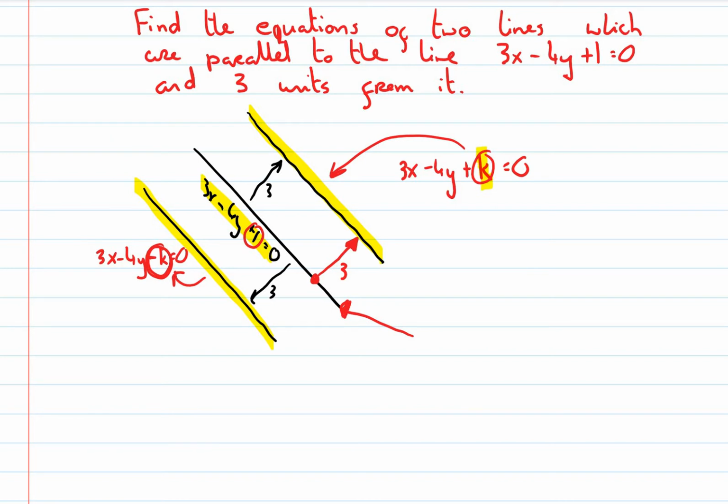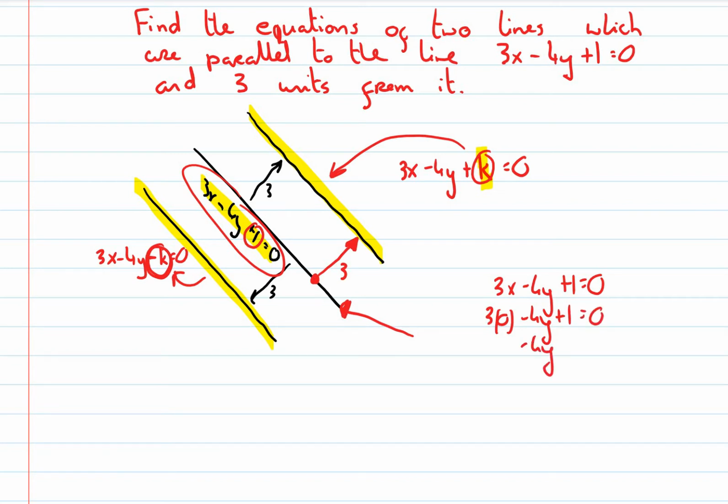So watch. I'll find a point on this line. Let's do that. 3x minus 4y plus 1 equals 0. I'm going to let x equal 0. So 3 times 0, minus 4y plus 1 equals 0.